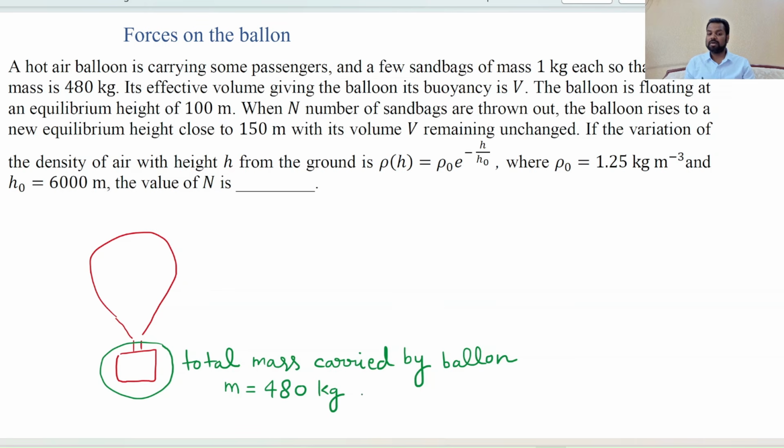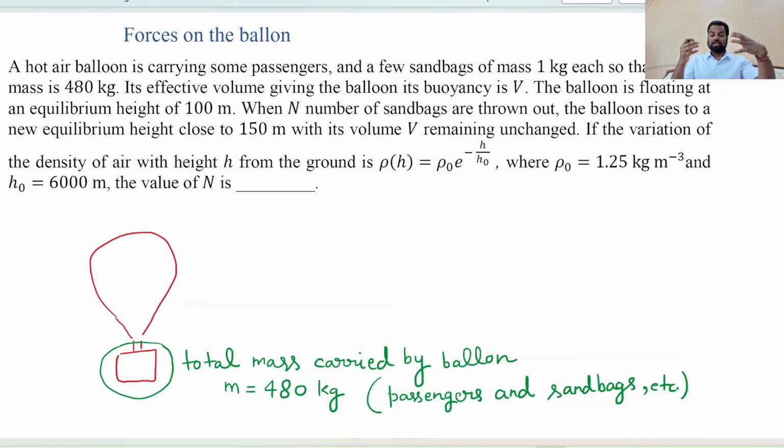Remember that includes passengers and sandbags, and etc. That means the structural load itself; you have a platform where people are standing. It says the total is 480 kilogram.